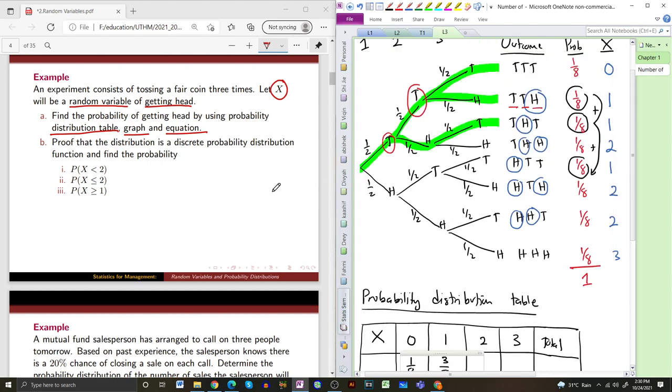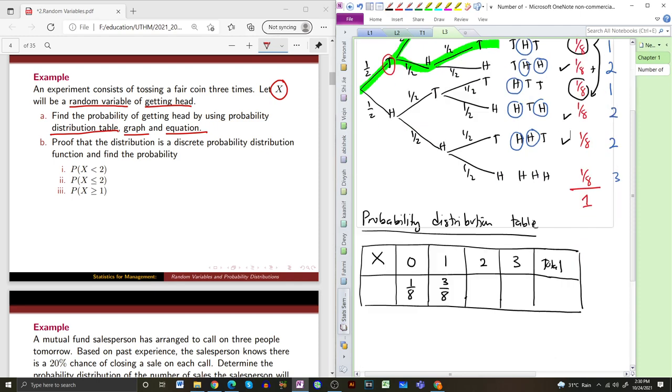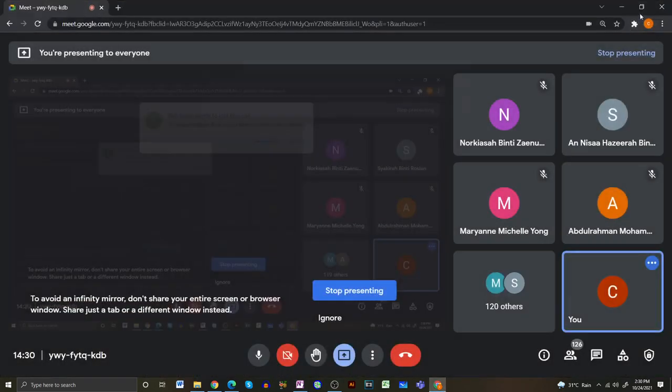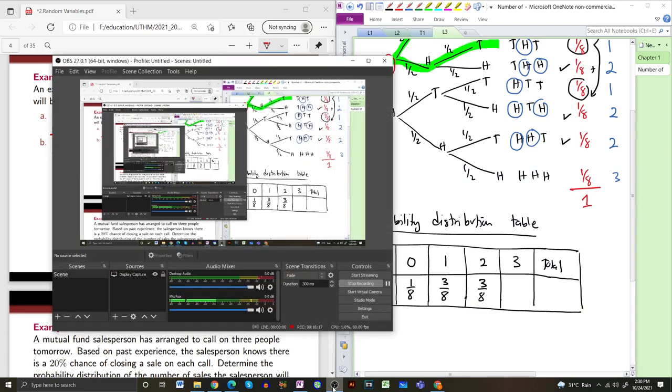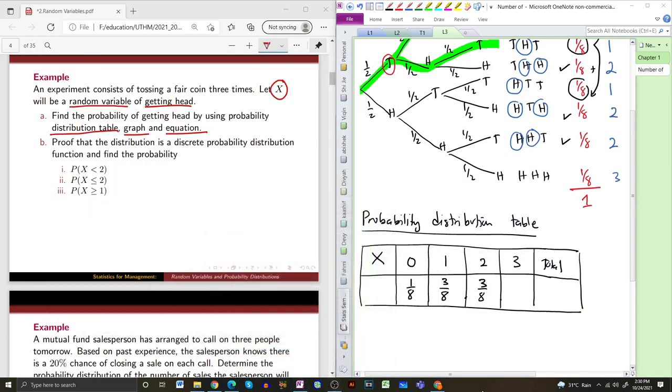The probability of getting 2, I need not circle that, you can easily see it is exactly the same as number 1. The probability of getting 2 is 1, 2, 3. What you have to do? Add everything, 3/8. And the probability of getting 3 is only 1/8.